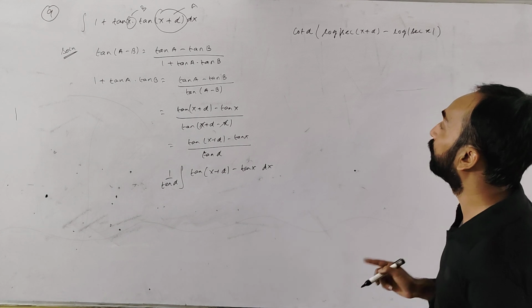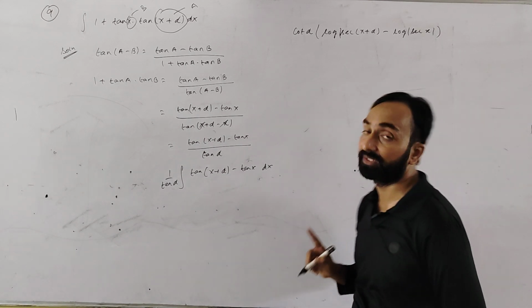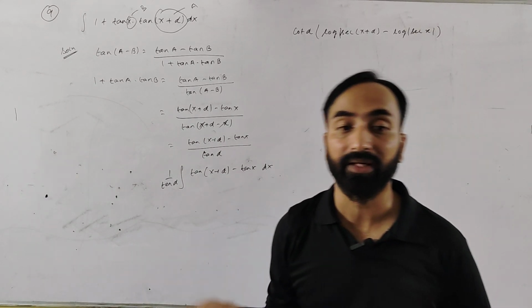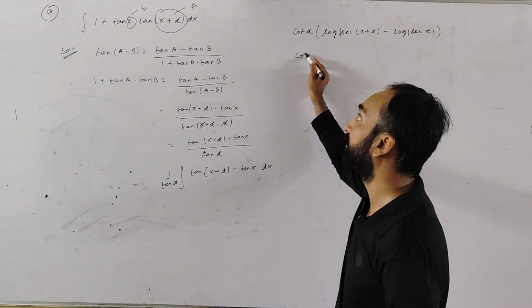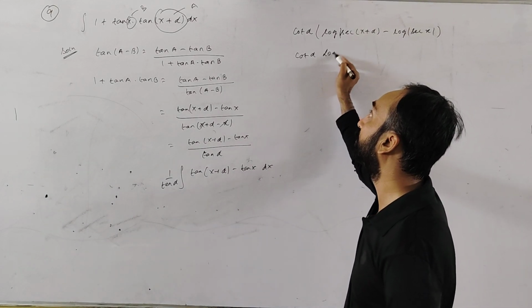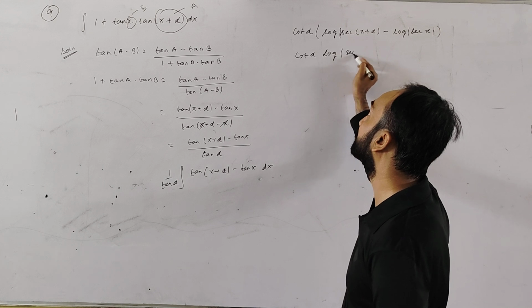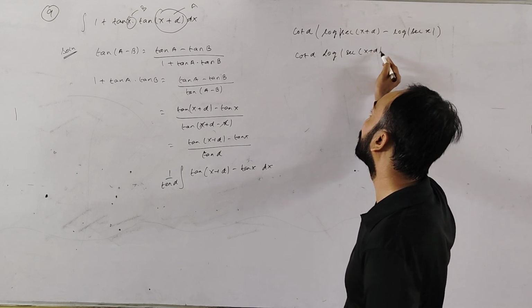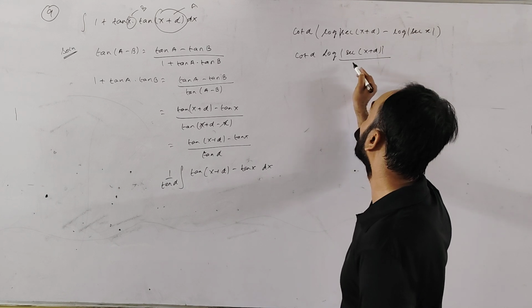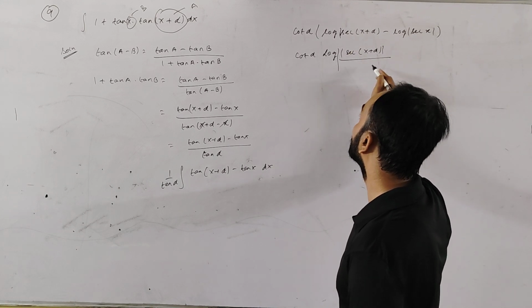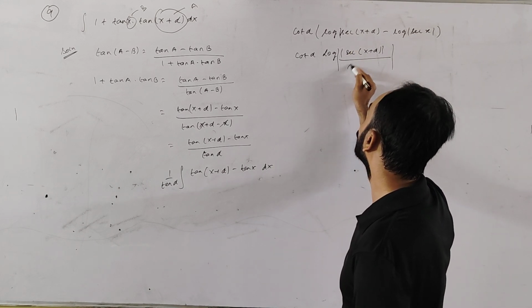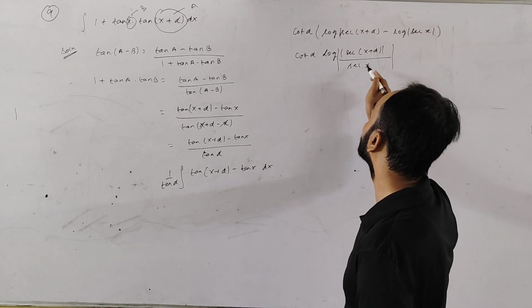Now we will apply the log property. Log a minus log b can be written as log a by b. So I will get cot alpha log of secant (x plus alpha) divided by, complete this, secant x.